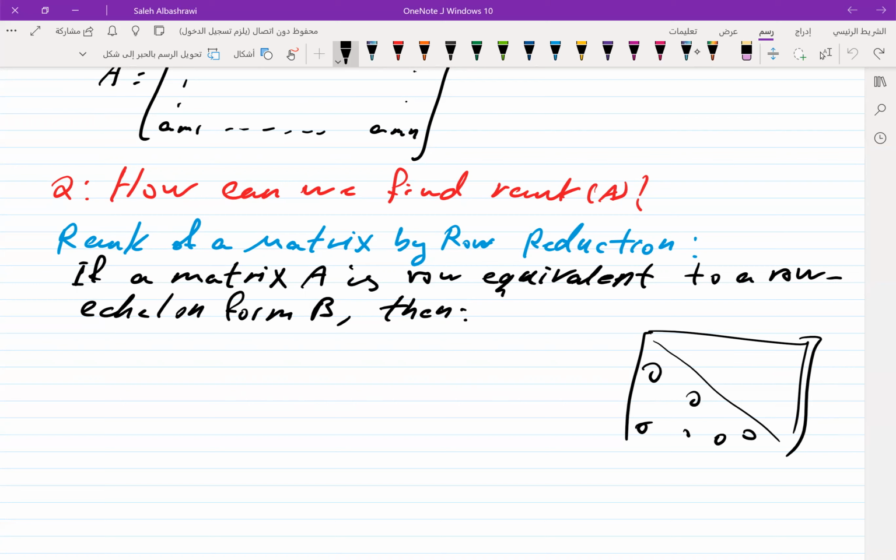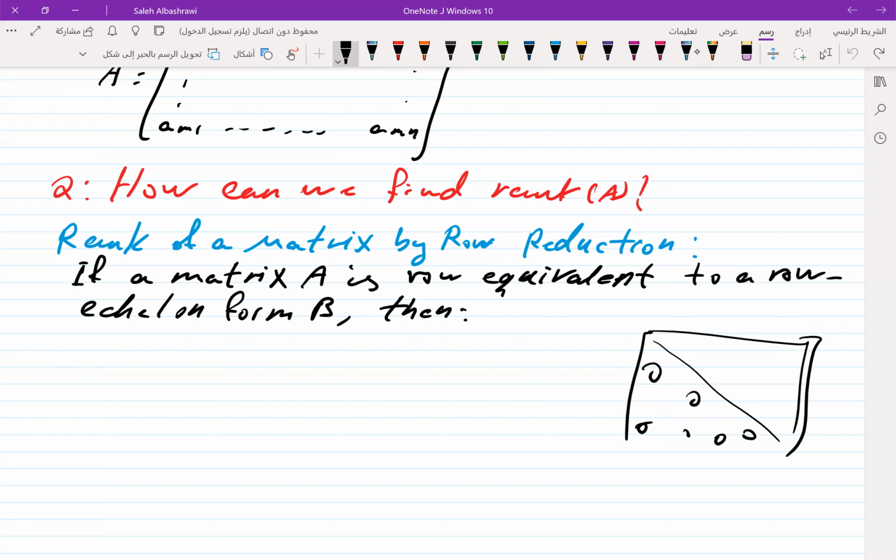We call this row echelon form. Conducting some row operations to generate an upper triangular matrix, with the lower triangle equal to zero, we call it row echelon form. This will be explained with examples later on.